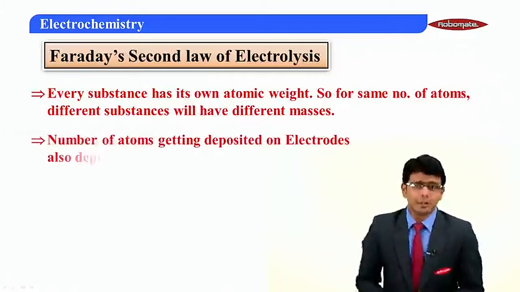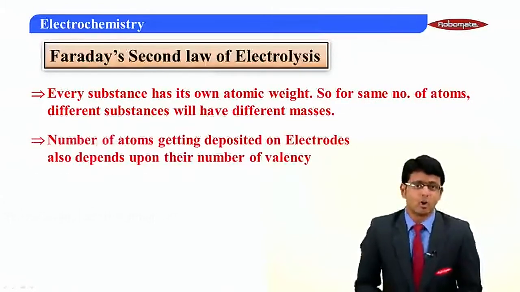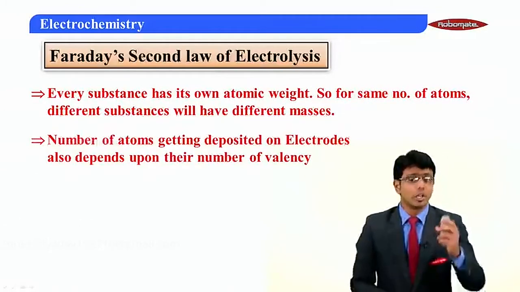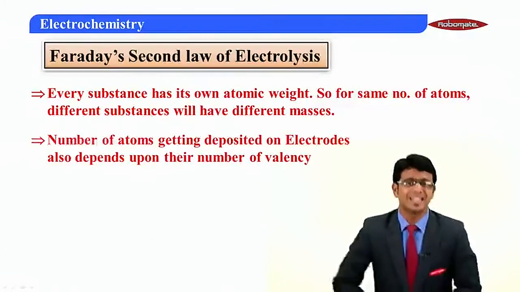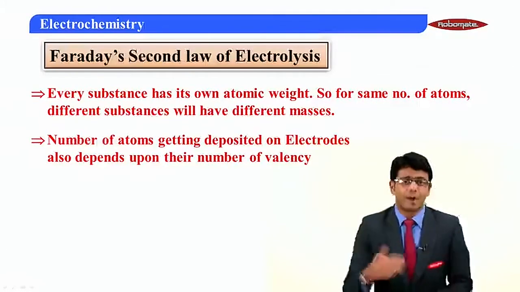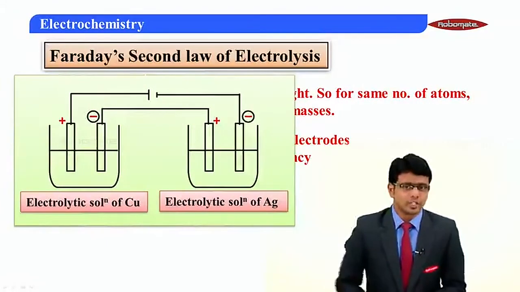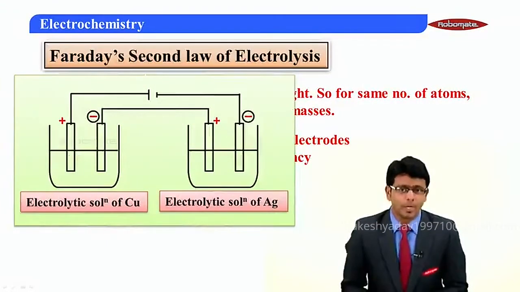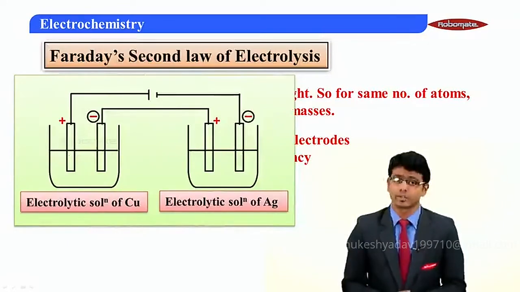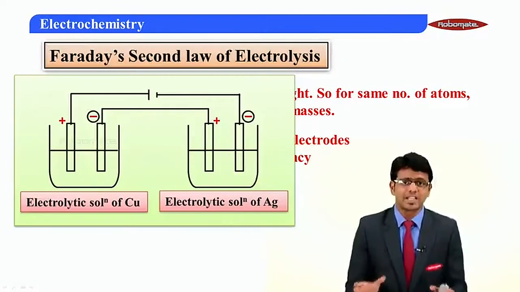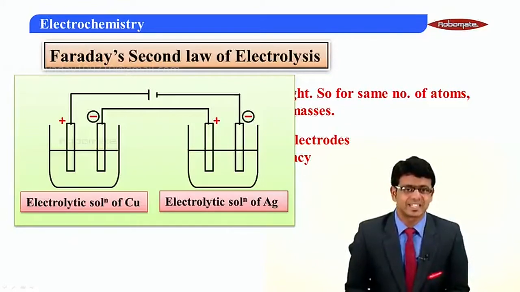The number of atoms which are getting deposited on electrodes also depends on their valency. Now, how do we explain it? Suppose we consider 2 electrolytic solutions, one of copper and another of silver, and these 2 cells are connected in series.